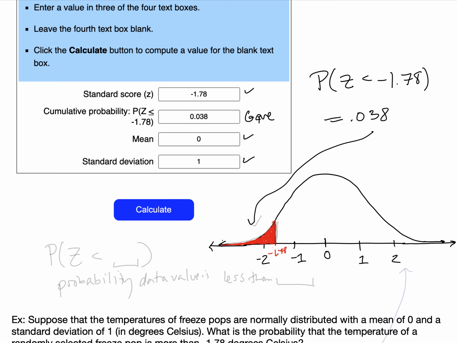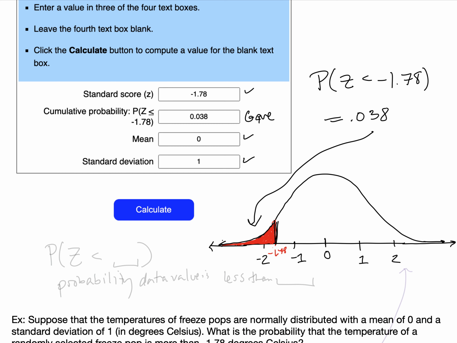So 0.038 is that probability right here: the probability under the curve of the standard normal distribution below negative 1.78. Or, in our contrived example, the probability that a freeze pop is below negative 1.78 degrees Celsius. All of our examples for the standard normal distribution are a little bit contrived, but once we're talking about any normal distribution, any mean, any standard deviation, we'll be able to use more realistic examples.